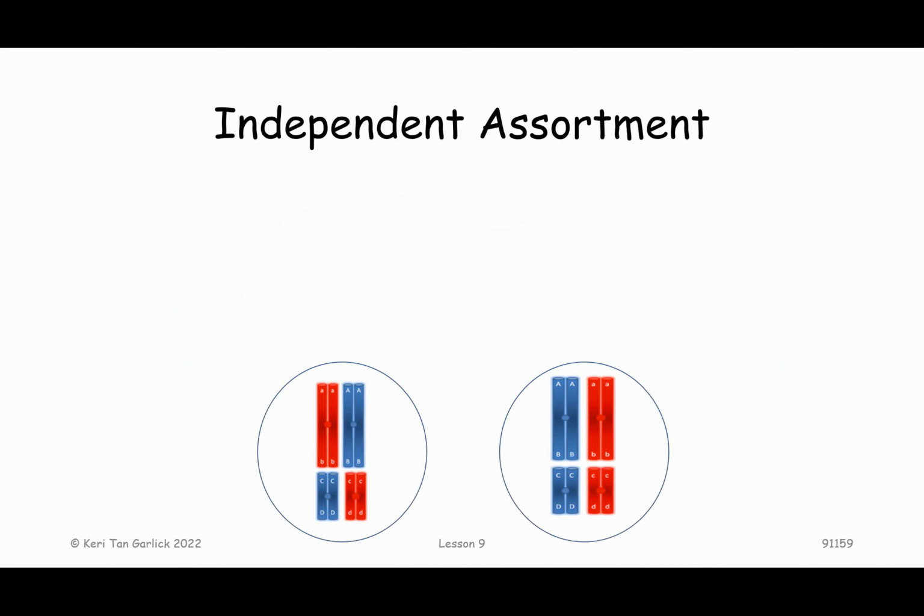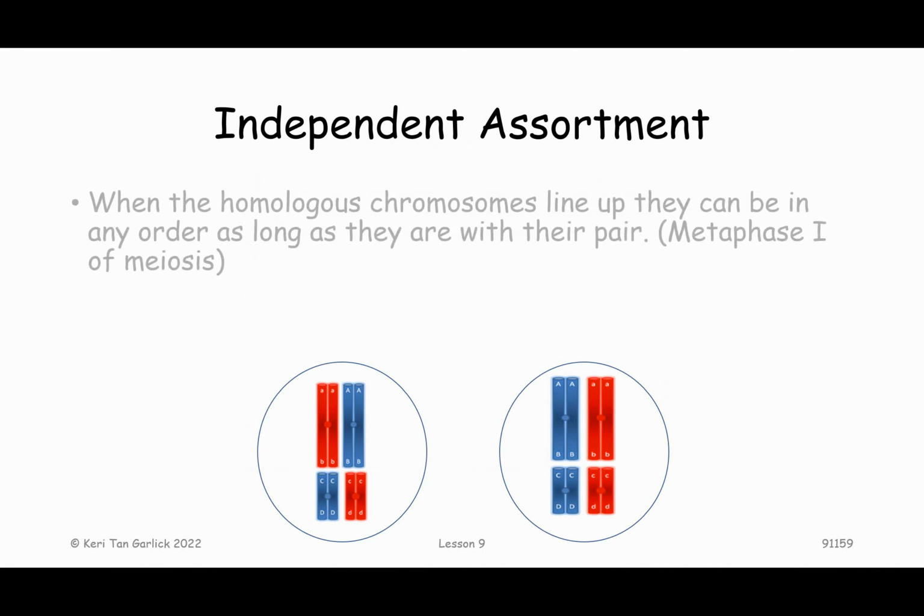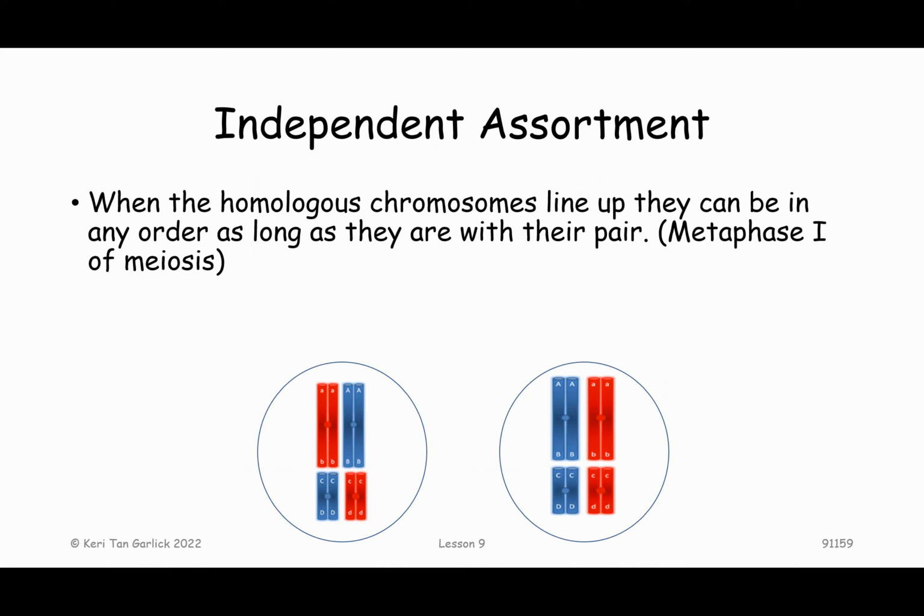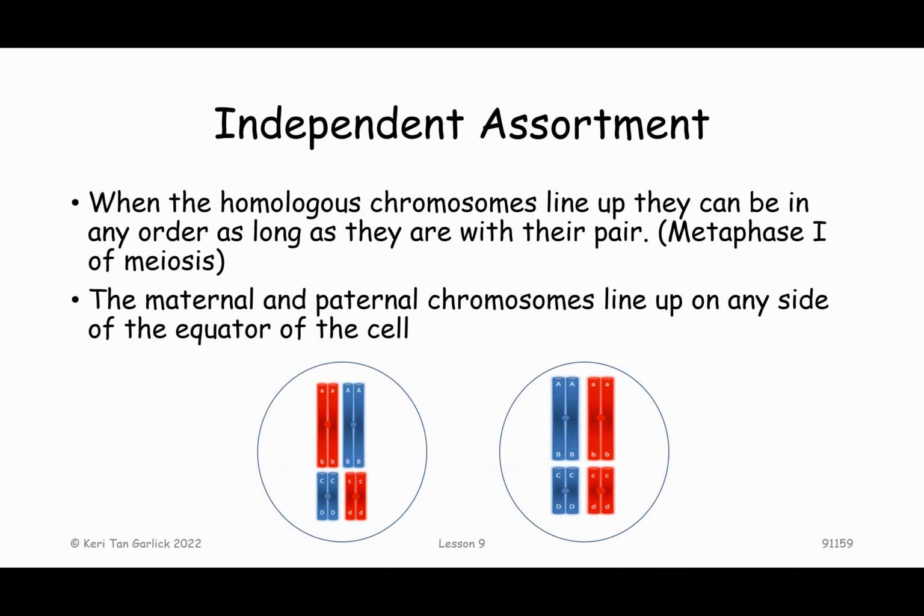through science. The way this happens is through something called independent assortment. If you remember back when we were talking about meiosis, we had the homologous chromosomes pair up. Now this pairing happens in a random way. Remember we have half the genetic material from mom, half from dad, and either one can line up at the equator or center of the cell.